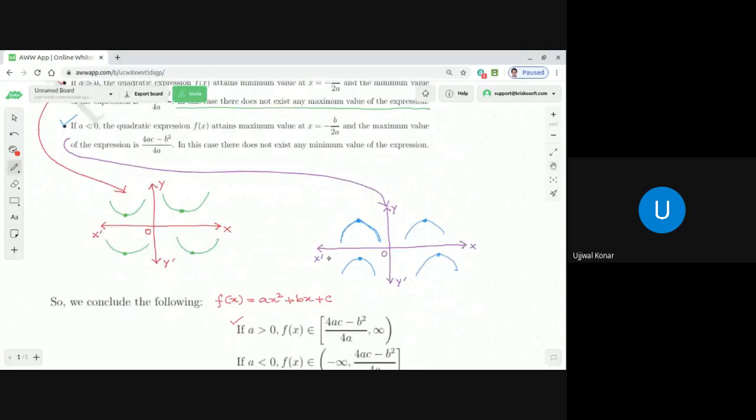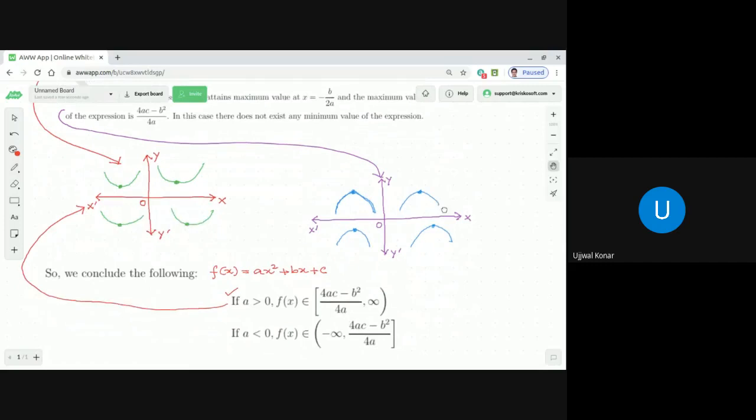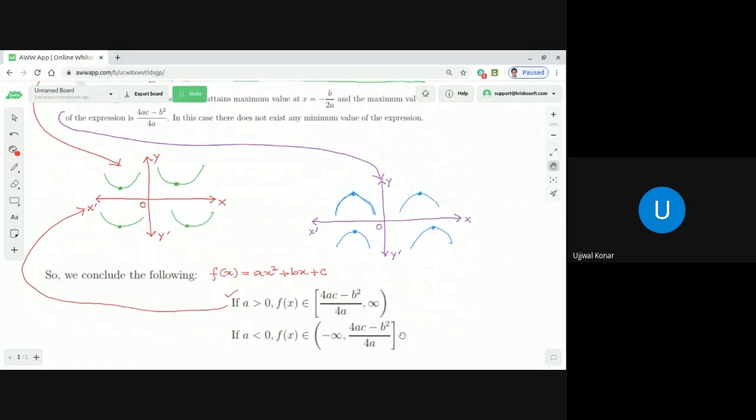So you can resemble it with the green curve here, and when a is less than 0, you can resemble it with the blue curve I drew above.